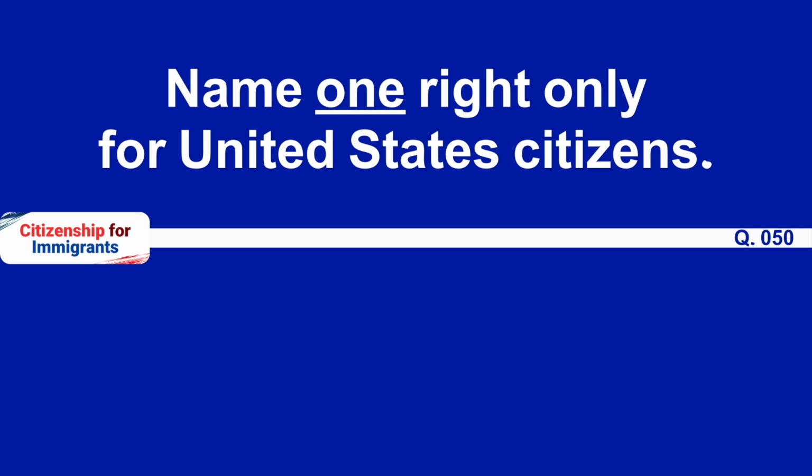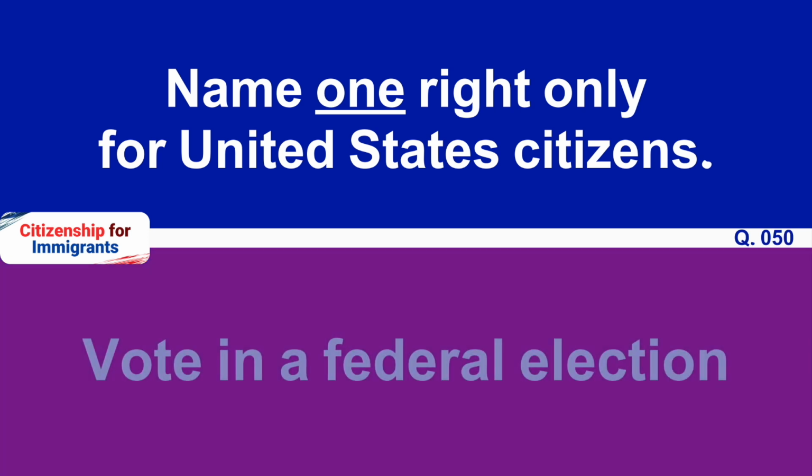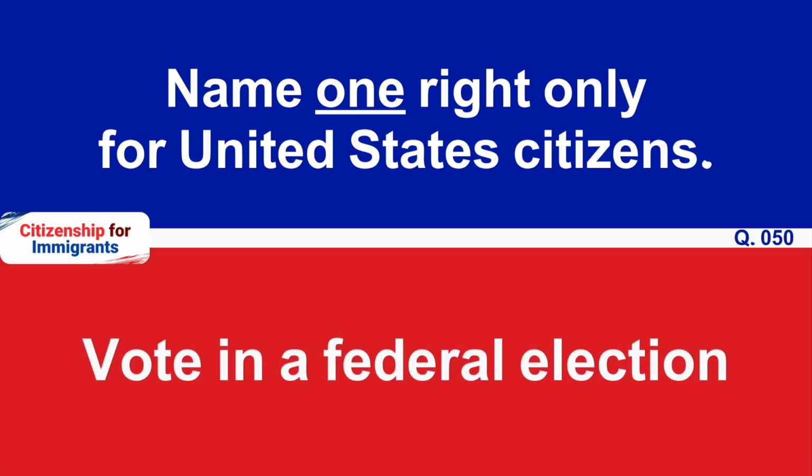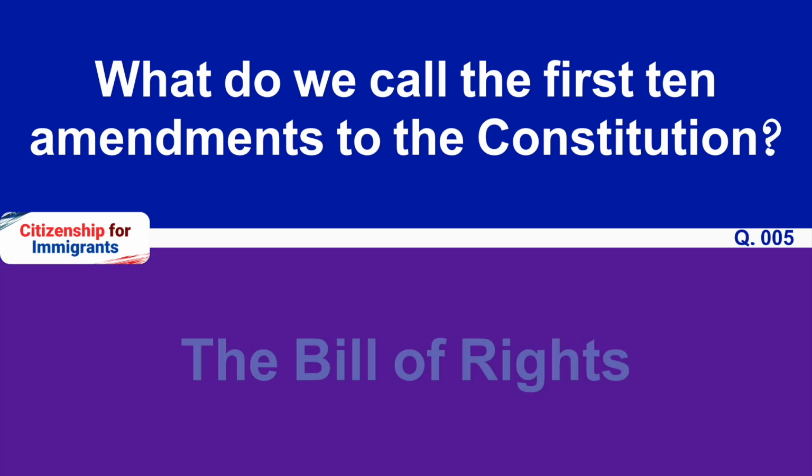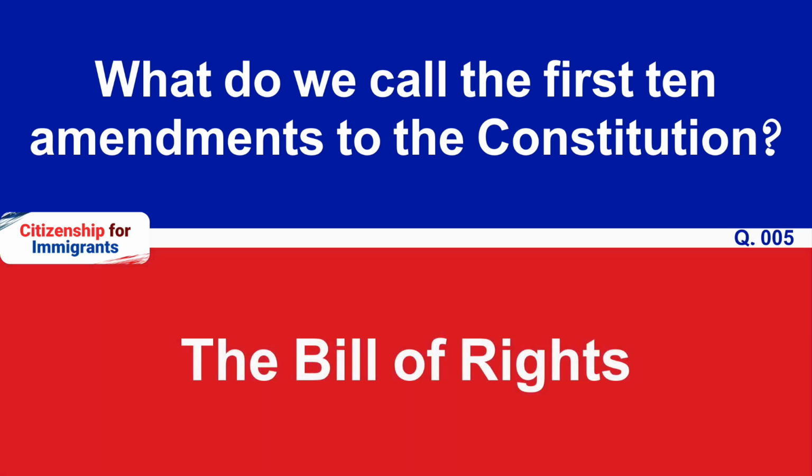Name one right, only for United States citizens. Vote in a federal election. What do we call the first 10 amendments to the Constitution? The Bill of Rights.